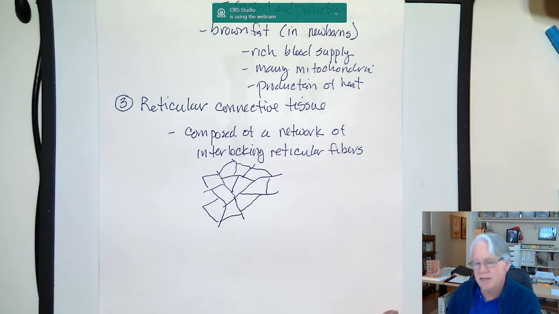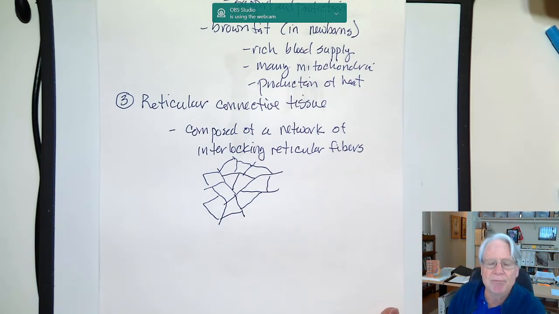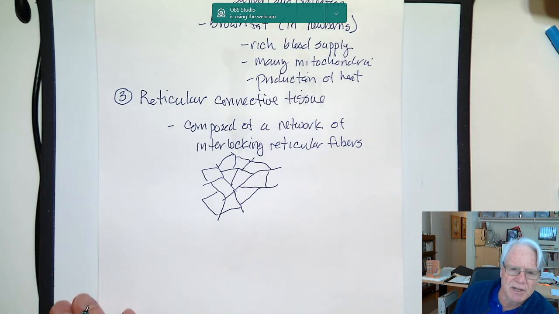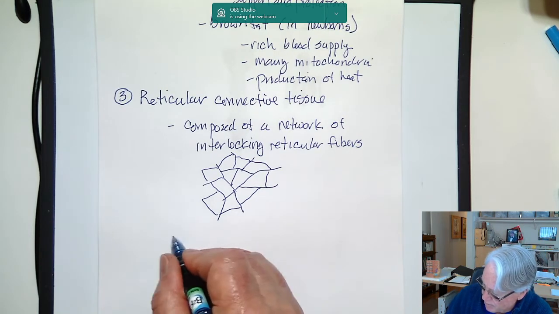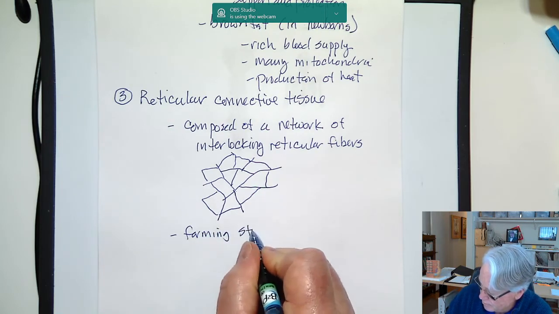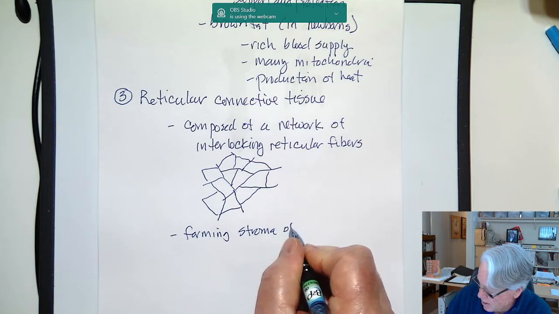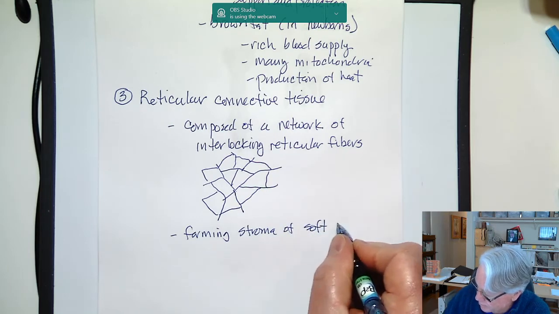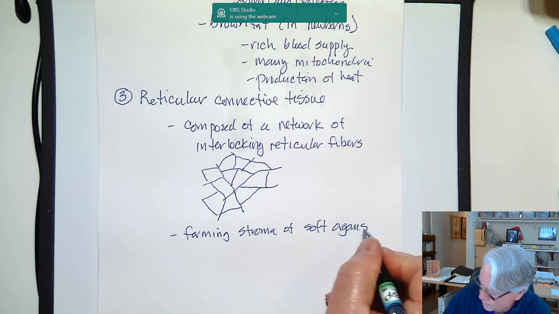With this kind of pattern, we get a lot of functionality. We talk about forming the stroma of soft organs.